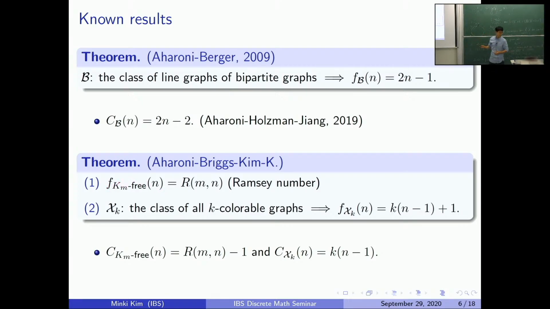But we don't know the exact number for that class. It's something between some Ramsey number and some larger Ramsey number, so I don't know if it's a good question.